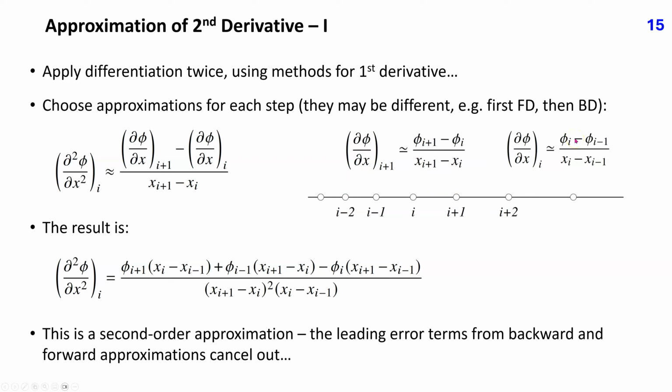By inserting approximations from the second step into the expression from the first step, we obtain the following expression for the second derivative. It involves variable values at nodes I plus 1, I and I minus 1, and distances between these nodes. One can show that this approximation is of second order. The first order truncation errors from forward and backward approximations in the two steps cancel out.